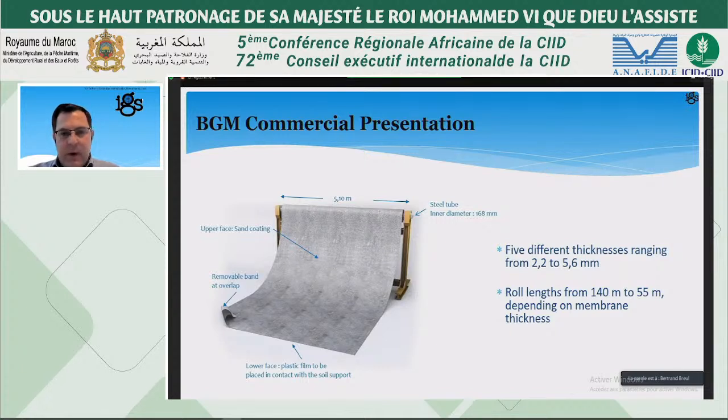We manufacture 5 different thicknesses ranging from 2.2 millimeters to 5.6 millimeters, knowing that 5.6 millimeters is for really heavy and complex projects. The length of the rolls is between 100 meters and 50 meters. Depending on the thickness, the rolls are kept at a weight of 2 metric tons.